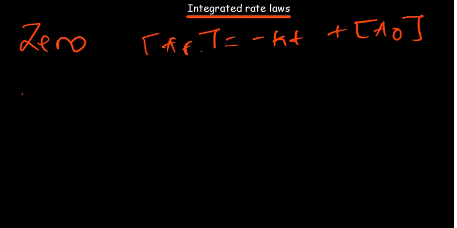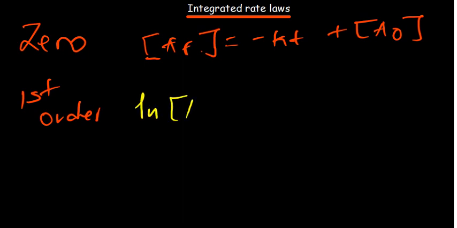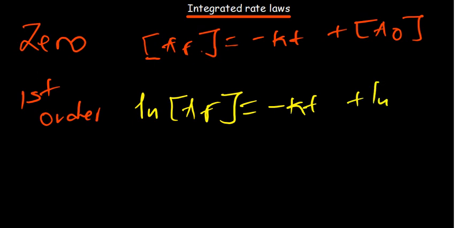And then for the first order, I told you to memorize only the first one, and then the others will be simple, yes? Natural log. So add the natural log to the concentrations only. Don't add it to the negative kt. We'll only add it to the concentrations. Very simple, not so?